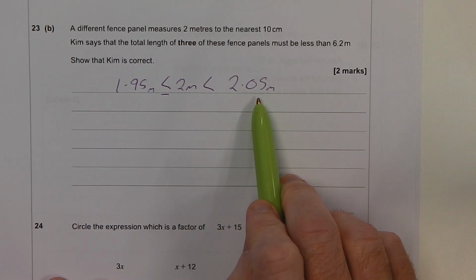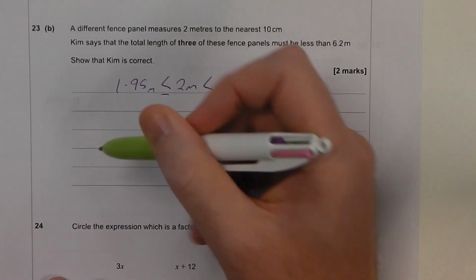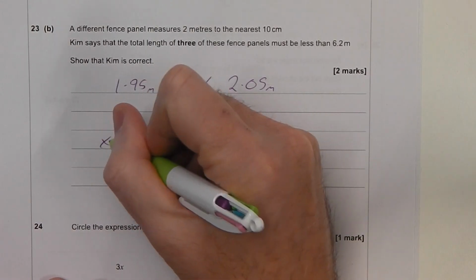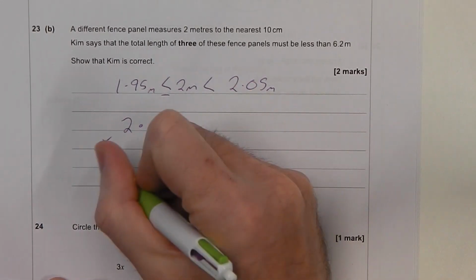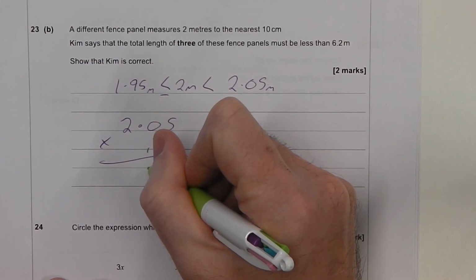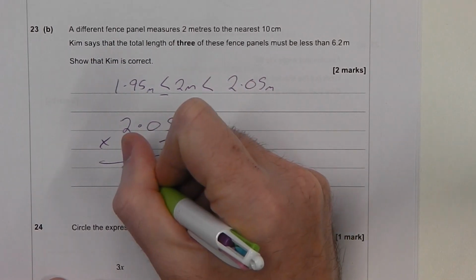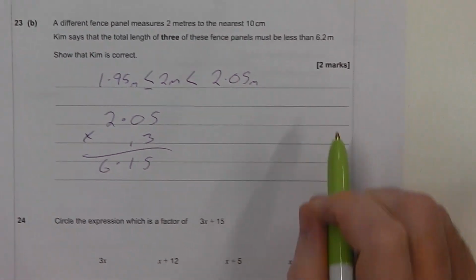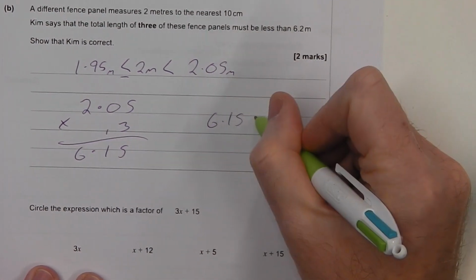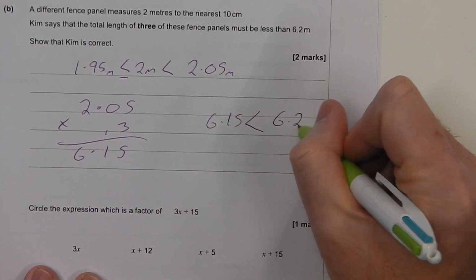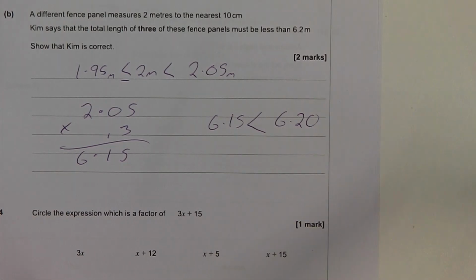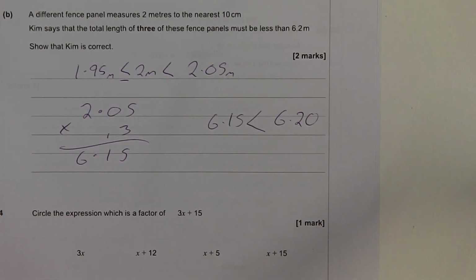If the longest possible is 2.05, we're going to times that by 3, and that gives me 6.15 meters. We can say, nice and safe, that 6.15 is less than 6.2, and I'm just going to put the extra 0 on there to make it clear. Okay, we're done. We've shown it. We've proved it.